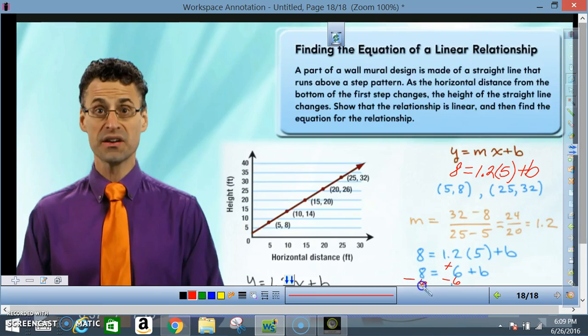And here you're going to put a negative 6. So now what is 8 minus 6? That's going to be 2. And of course, right here, the positive 6 and the negative 6 are going to cancel out. So b is going to equal 2. So your final equation then is going to be y is equal to 1.2 slope times x plus 2. And that's it.